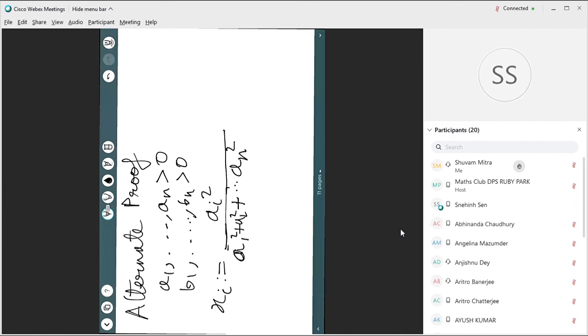So xi are defined as such for all i, and similarly, yi is defined. Yeah, your screen has rotated. Yes, it has rotated.